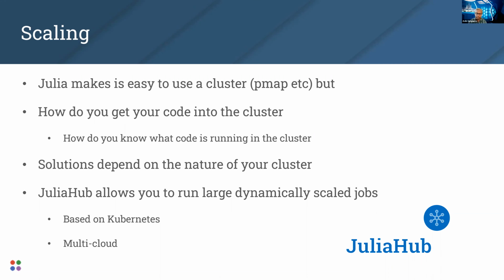So if your cluster has a shared file system, then you put your Julia code, maybe the package compiler bundle, or just the Julia package directory onto this shared network drive, right? And then you load on each of those machines your code from this shared network drive, which is a common strategy in things like a Slurm cluster.